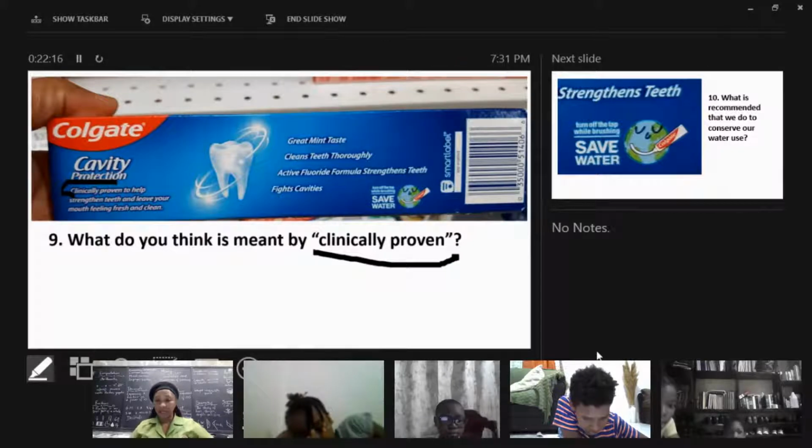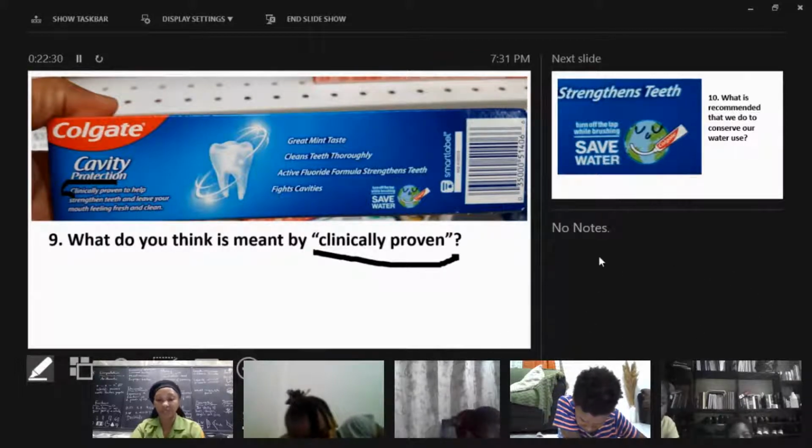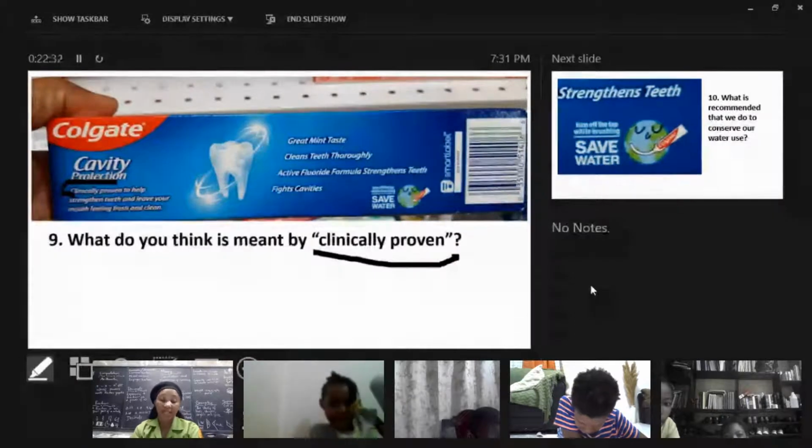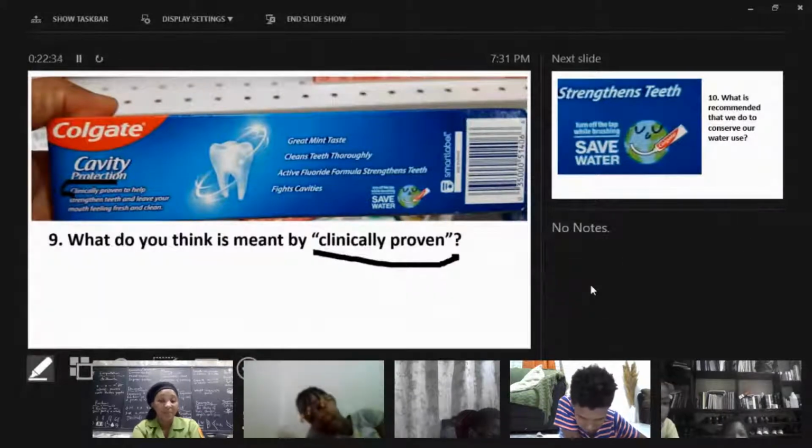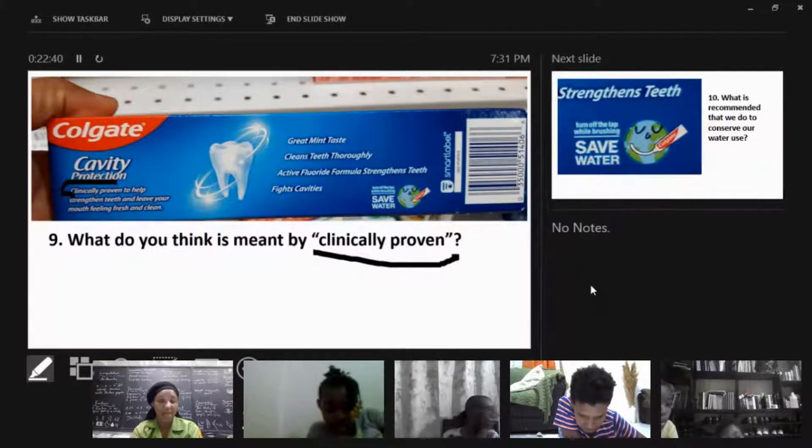All right. Nia also added that clinically proven means that someone who works at the clinic or someone that is a professional who works with the teeth has proven it to be safe. Now, mind you, this information is on the package and it is put out by a company that makes the toothpaste.